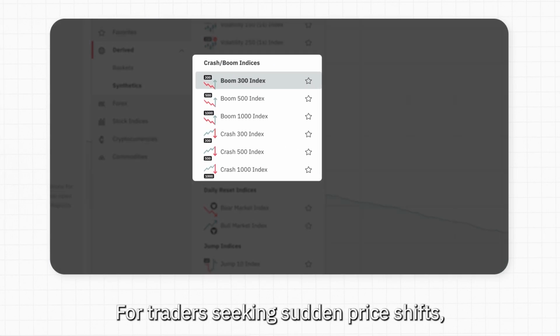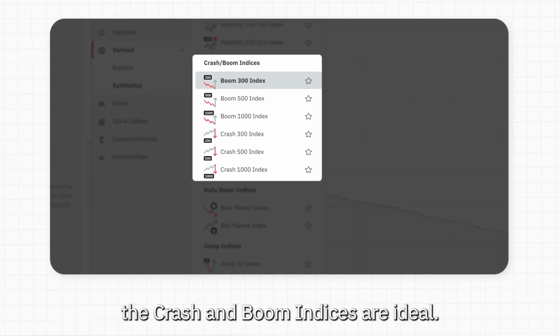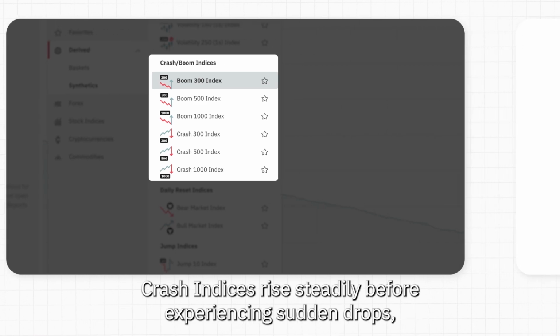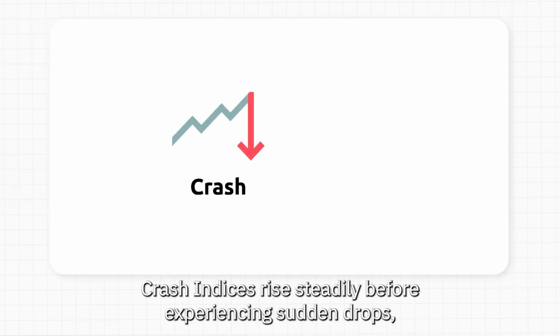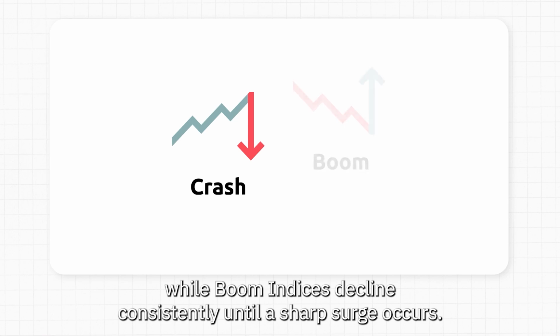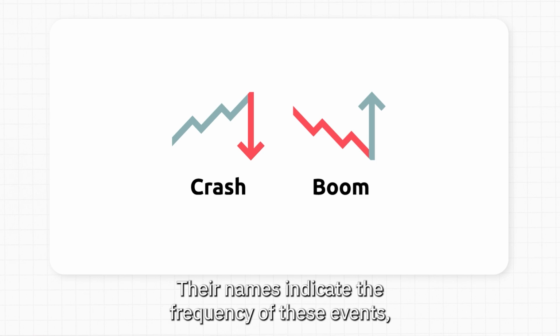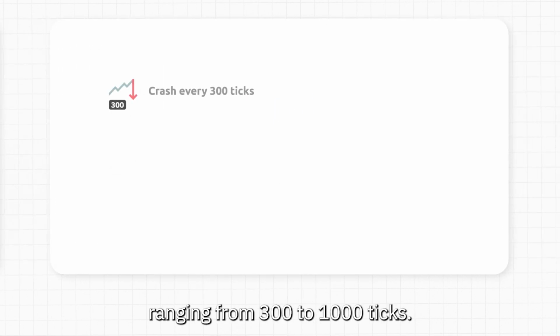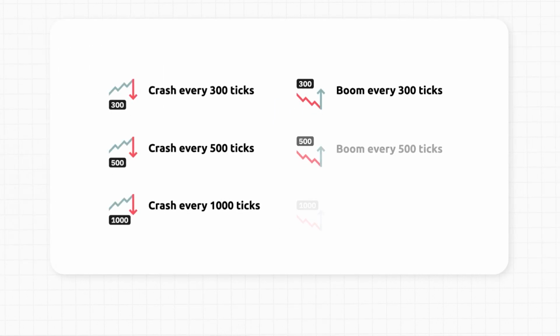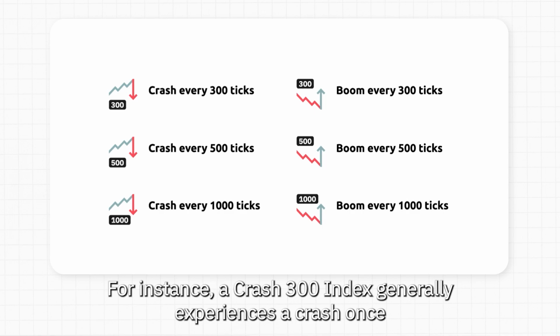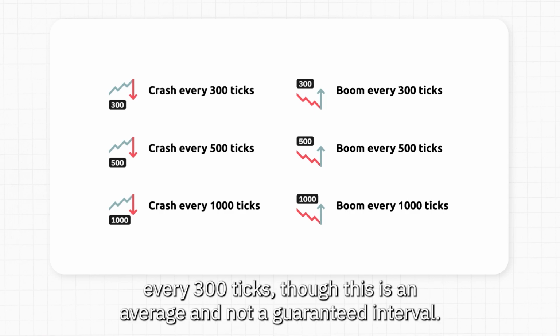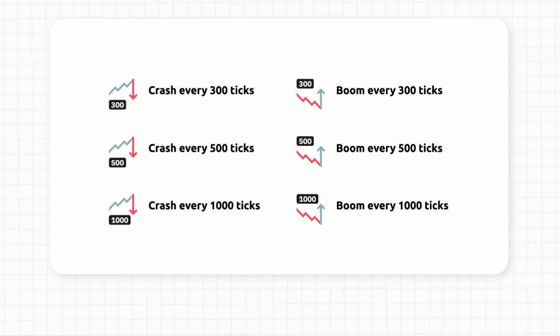Next, we have crash and boom indices. For traders seeking sudden price shifts, the crash and boom indices are ideal. Crash indices rise steadily before experiencing sudden drops, while boom indices decline consistently until a sharp surge occurs. Their names indicate the frequency of these events ranging from 300 to 1,000 ticks. For instance, a crash 300 index generally experiences a crash once every 300 ticks, though this is an average and not guaranteed interval.